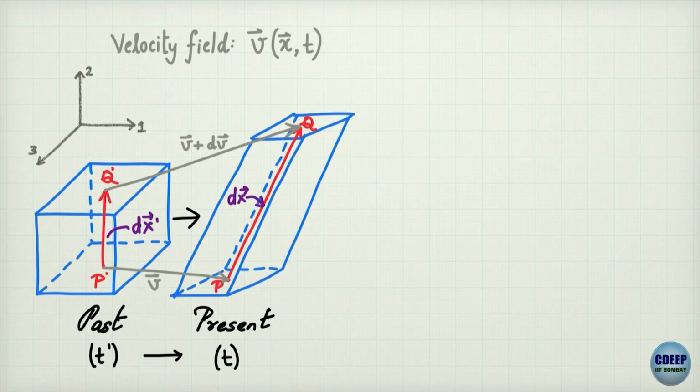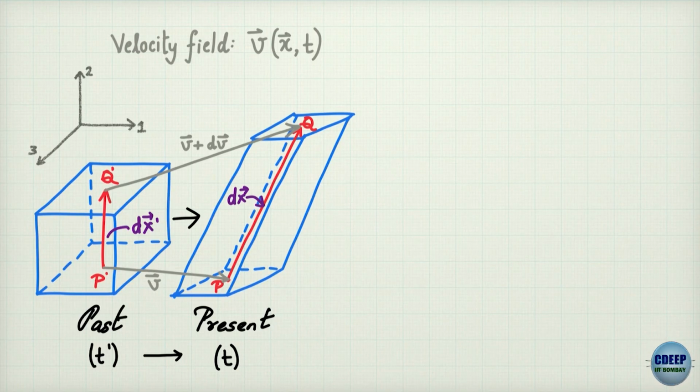So the previous vector p dash q dash is getting changed to the new vector p q. These are very, very close to each other. So the dx dash and the dx are still infinitely small vectors, and in going from time t dash to t, in this time t minus t dash, when these displacements have occurred, there is also a velocity associated with it, right.